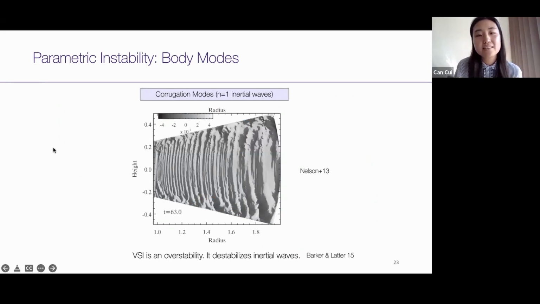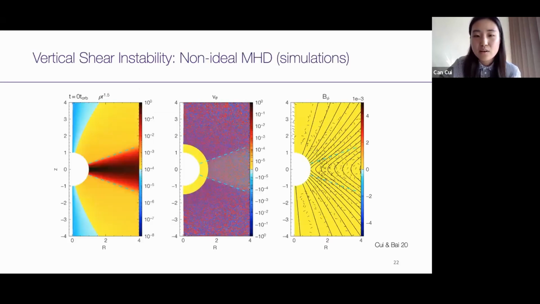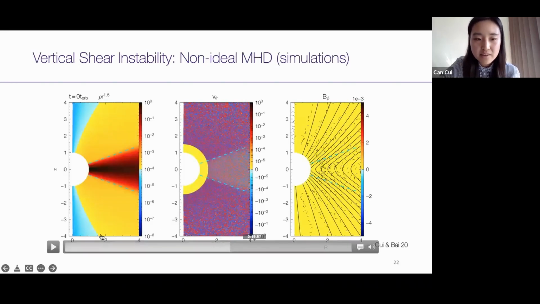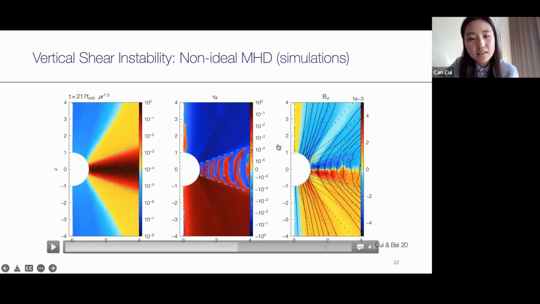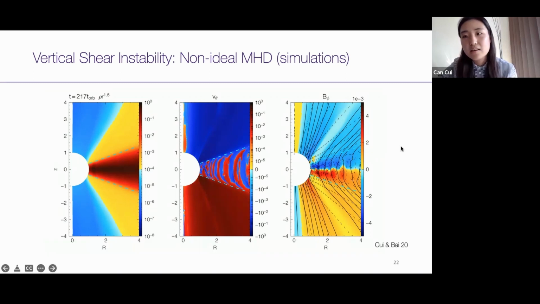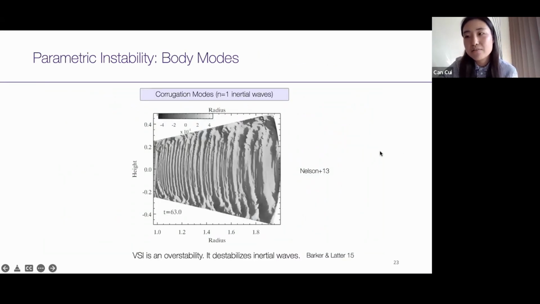In the next topic, I will introduce how the VSI saturates in the protoplanetary disk. All the previous simulations, including my simulations, show that in the nonlinear regime the VSI saturates by those large-scale coherent vertical oscillations in the disk. But the problem is that when you have energy put in by the vertical shear, you need to have some energy put out.